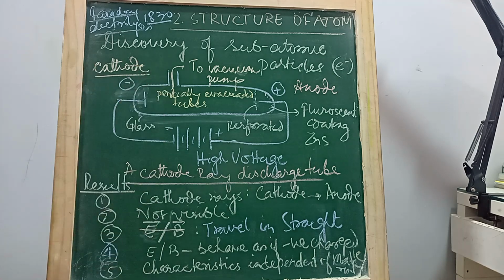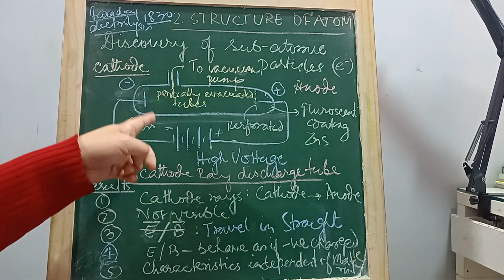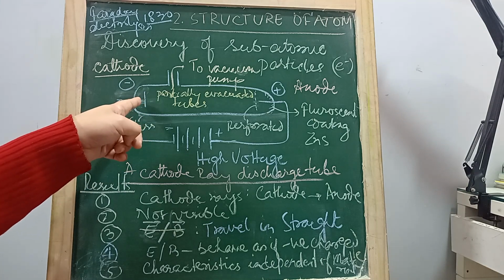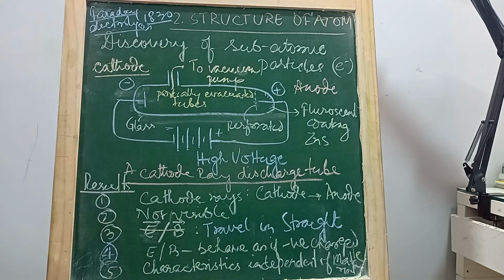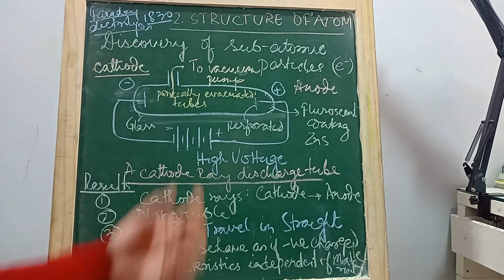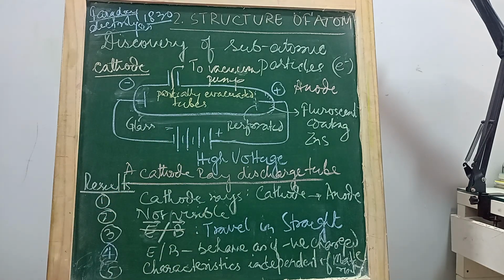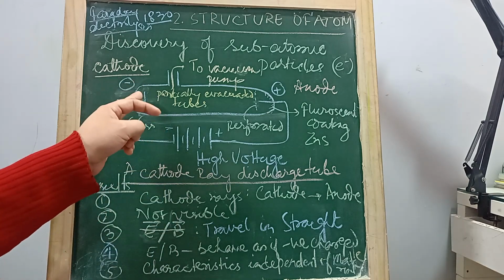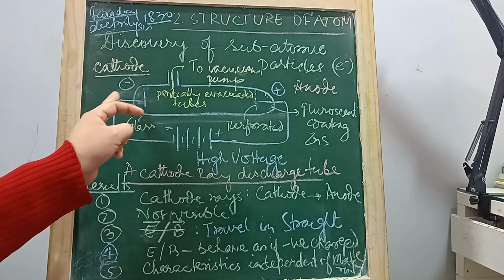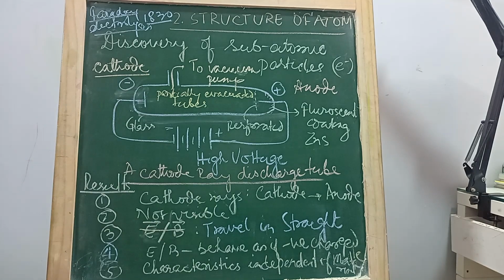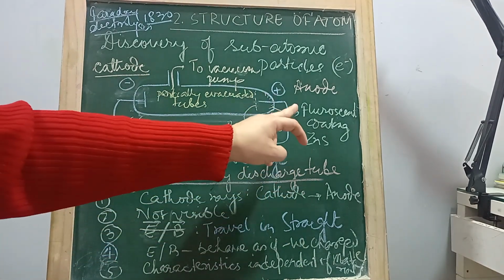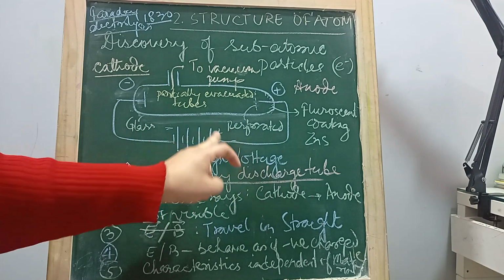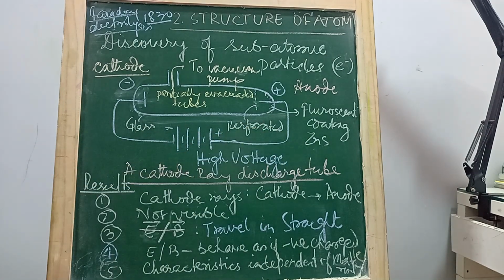There was a discharge of a ray from the cathode. And what is the cathode? The cathode is the electrode which is joined to the negative terminal of the battery, a source of high voltage. And this one is the anode, which is joined to the positive terminal of the battery.